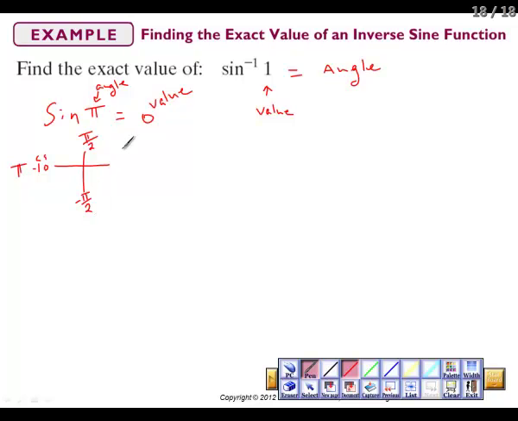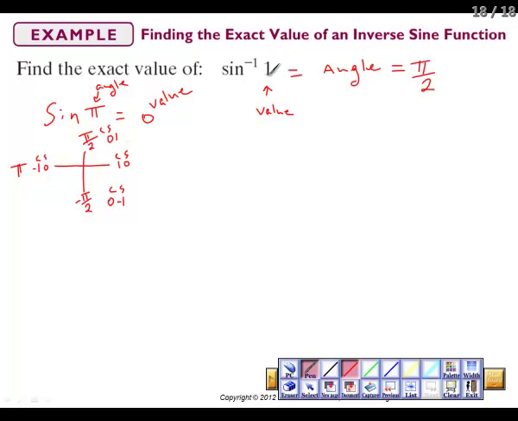If this is 1, 0 and 0, 1, 0, -1 for cosine and sine, well, in this case sine is 1, so it can only be at pi over 2. And so that's our answer. Because at pi over 2, sine is 1, our value is 1, and our angle is pi over 2.